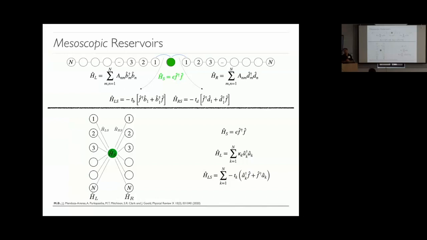Is that correct? Well, all you need to know is that the Hamiltonian of the leads is quadratic in fermion language. That's a requirement. Well, I mean, I can move to a completely different type of system.